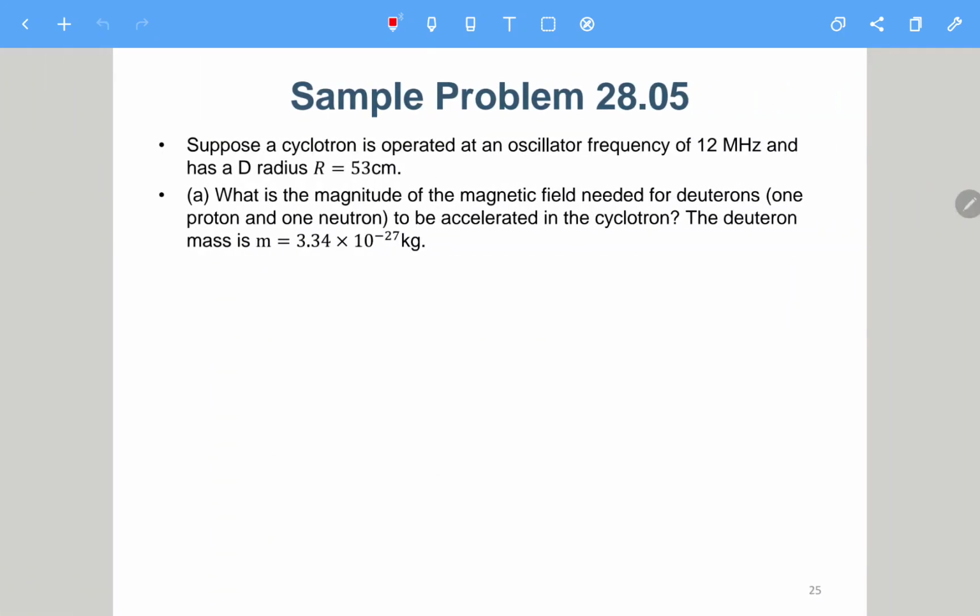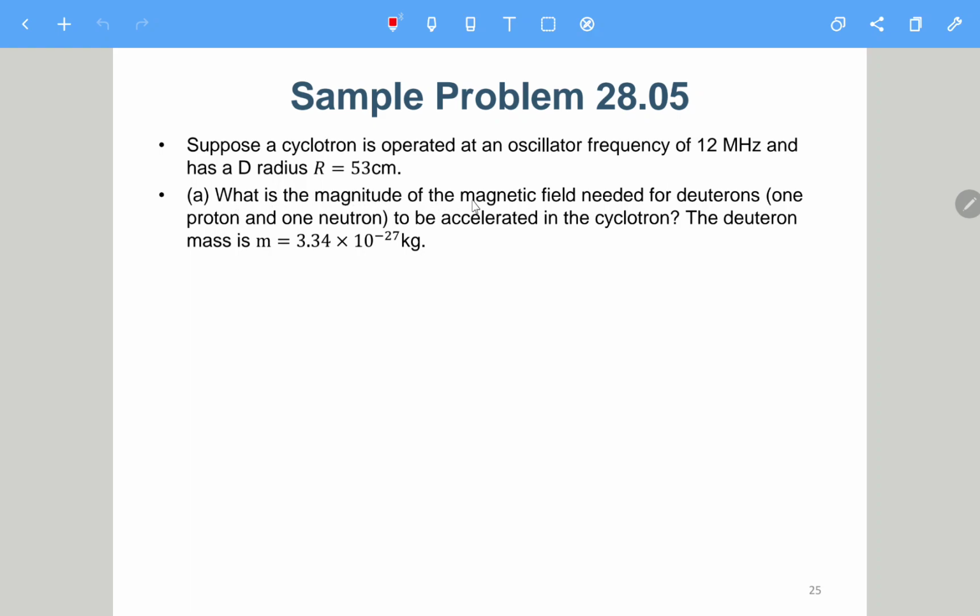Okay, so here let's take a look at a sample problem. It says suppose a synchrotron is operated at an oscillator frequency of 12 megahertz and has a radius R of 53 centimeters.